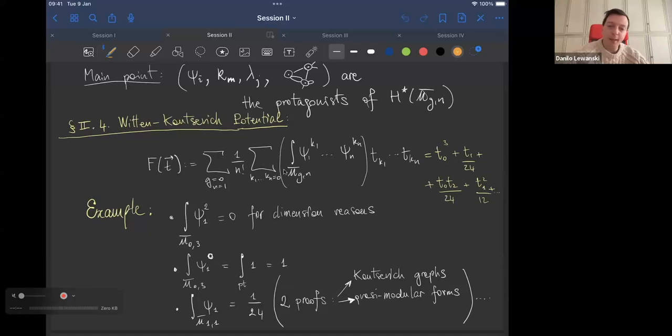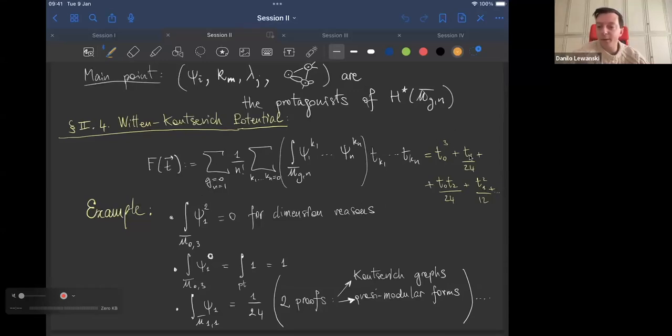And then you just encapsulate them in a generating series where you use some times t_k1, t_k2, t_k3, and so on to keep track of the powers of psi classes that you used. And then you want to sum over all the g and all the n and take 1 over n factorial because of symmetry. It's not so important, but you have this generating series.